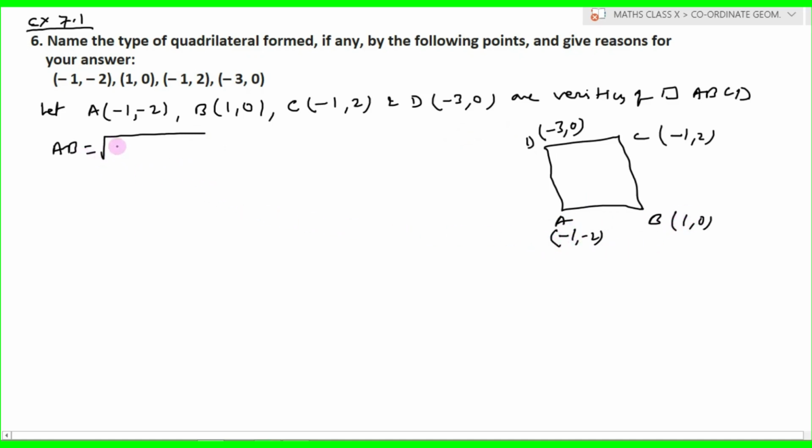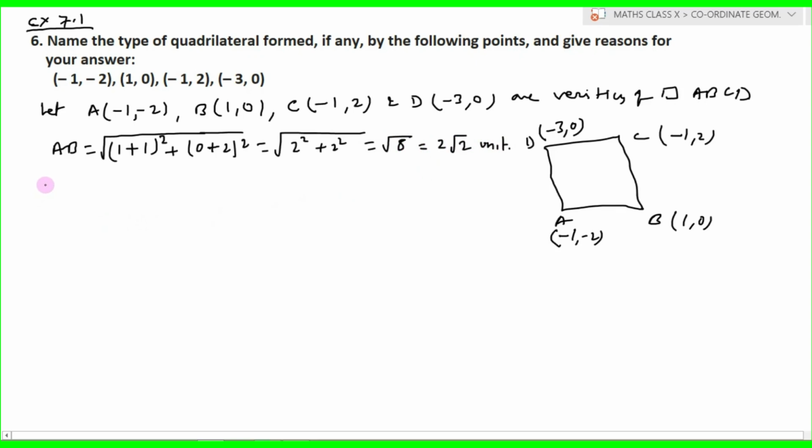So 1 minus -1 becomes plus, plus y2 minus y1, y2 is 0 and y1 is -2. So 0 minus -2 becomes plus, whole square. So what is the value here? 2 square plus 2 square. This will give you 4 plus 4, 8. So root 8 is root of 4 into 2, 2 root 2. So this is 2 root 2 units.